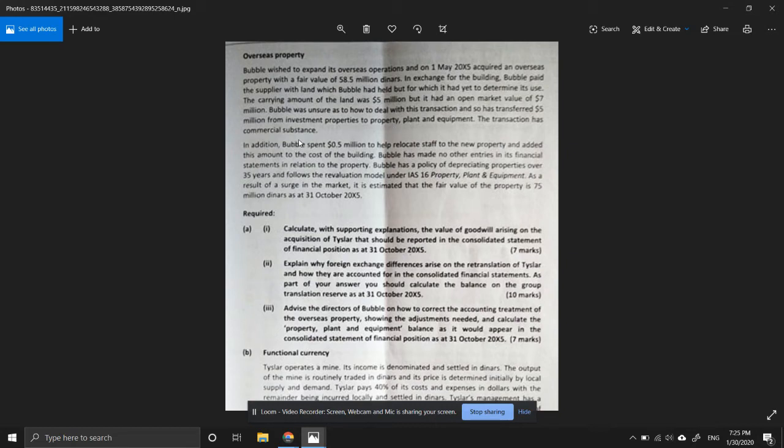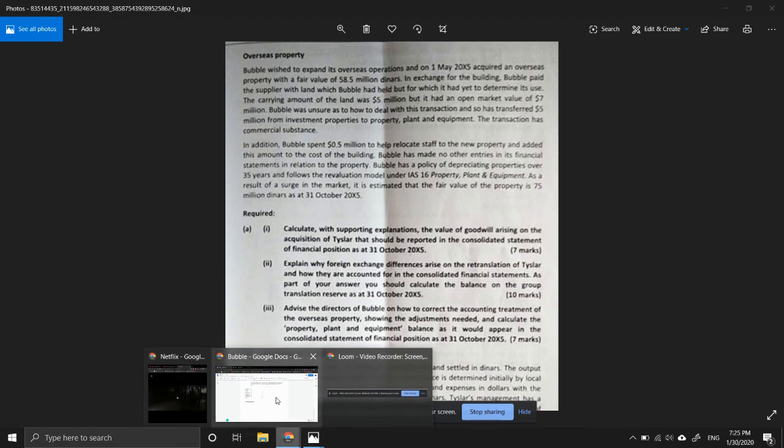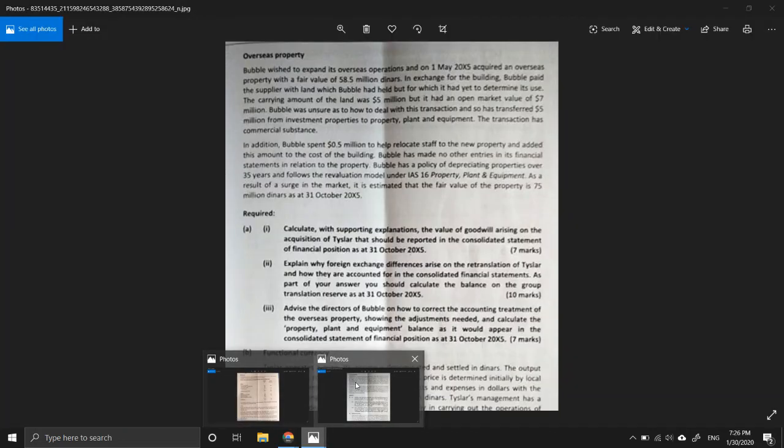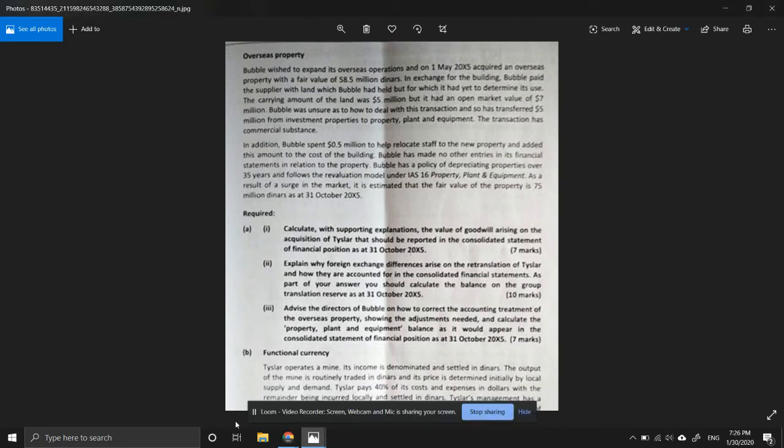The transaction has commercial substance. In addition, Bubble spent 0.5 million to help relocate. Okay, so that's not the thing that we are looking at.